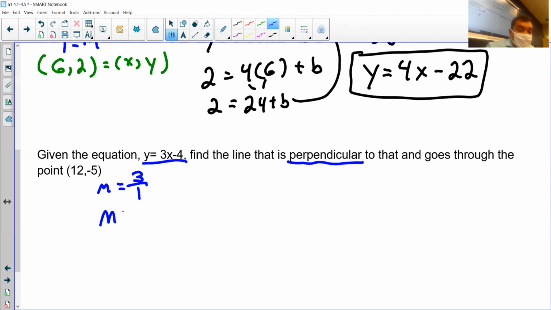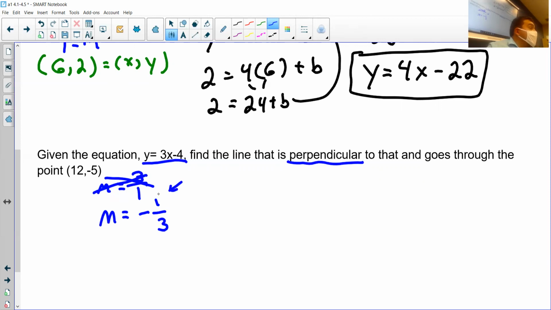Now the new slope is going to be the negative version, negative, and then the flip version, 1/3. Negative 1/3. This is the original slope, and I use it to get this slope. This is the real slope I'm using.